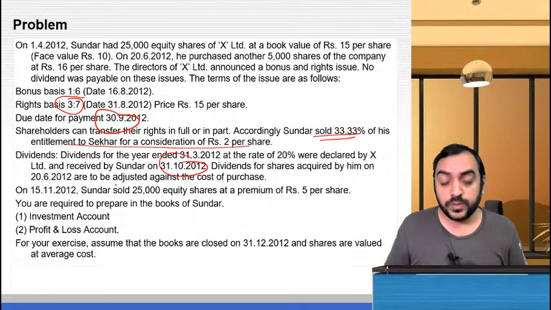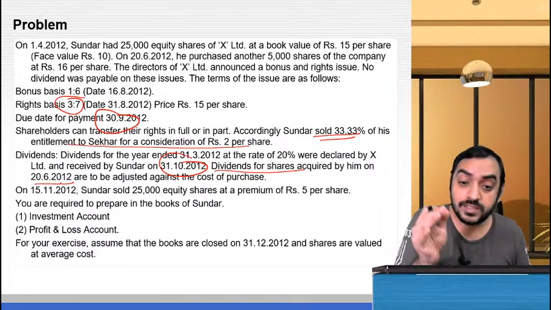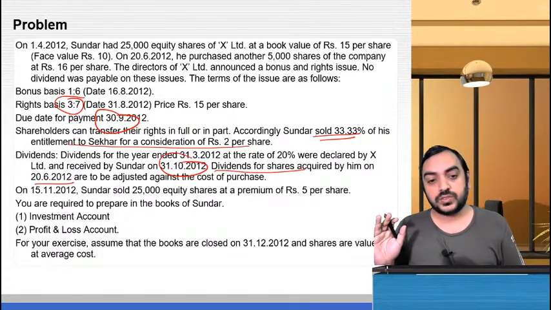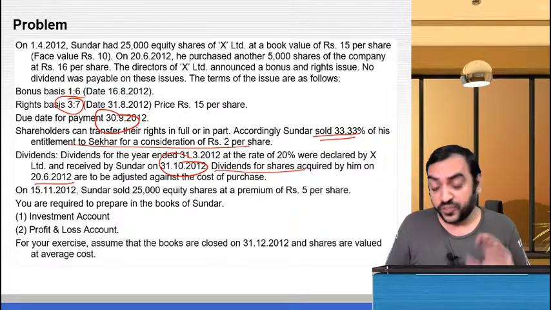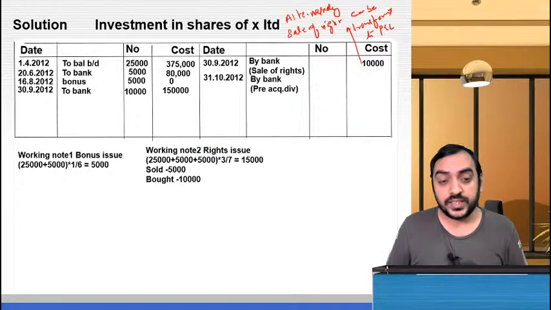On 31st of October, dividend for shares acquired by him on 20th of June 2012 is to be adjusted against cost of purchase. So this is for the previous year. So how many shares were there for the previous year? Please observe this carefully.